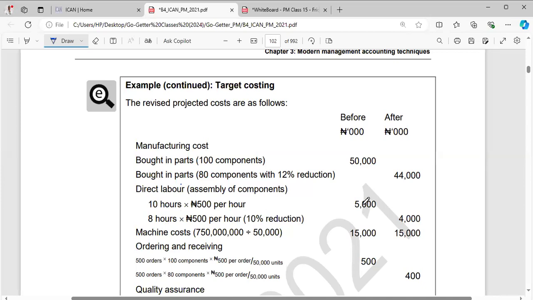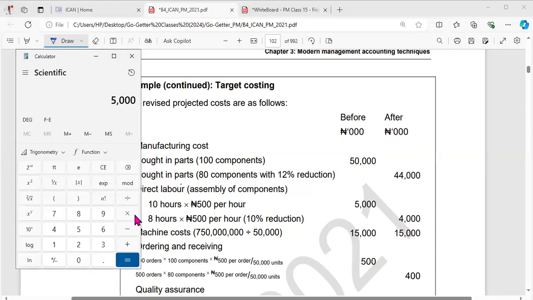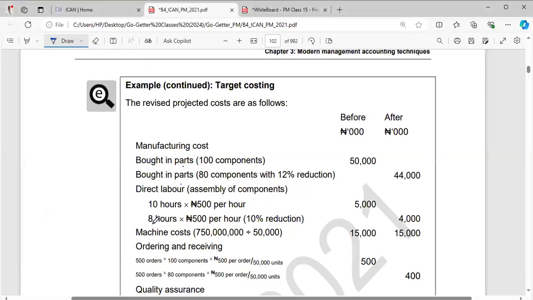Or you simply say 5,000 times 0.9. It's still the same thing. Let's see if it will give us the same thing. 5,000 times 0.9, that will give us, no, it does not give us the same thing. You will just simply use the 8 hours you are given times 500.